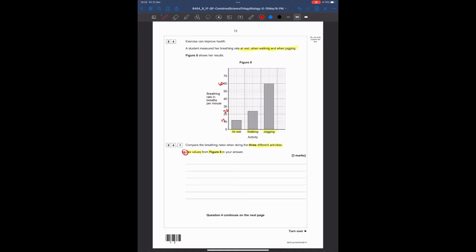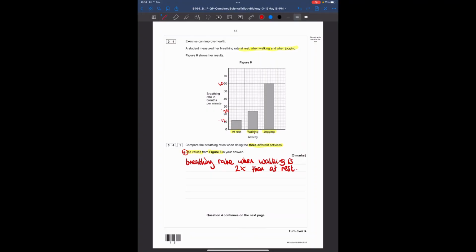So if we start off comparing rest and walking, it's 12 to 24. Well, we know that 12 goes into 24 2 times, so therefore we can say the breathing rate when walking is twice or 2 times that at rest.